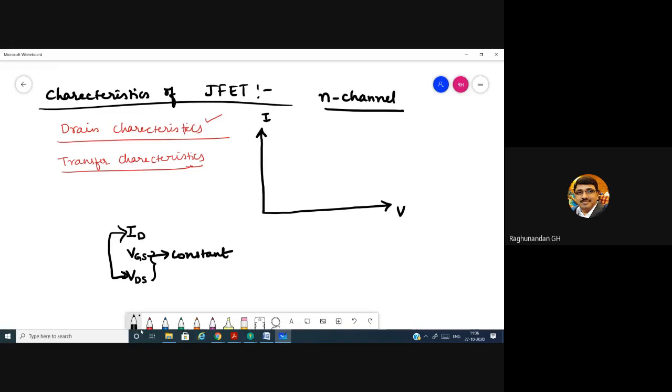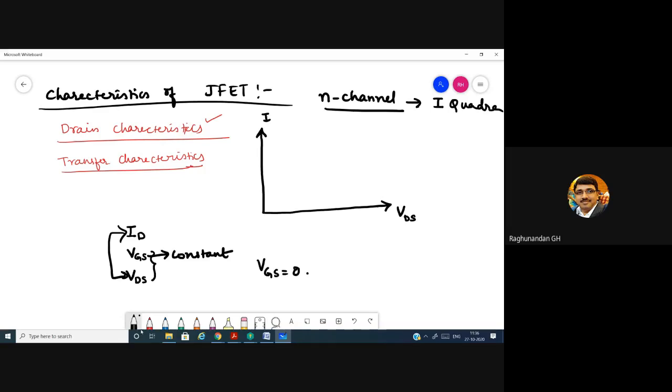If they're asking N channel drain characteristics, then you should use the first quadrant because VDS is positive. If they're asking for P channel, VDS comes negative, so you should use the second quadrant for explaining.